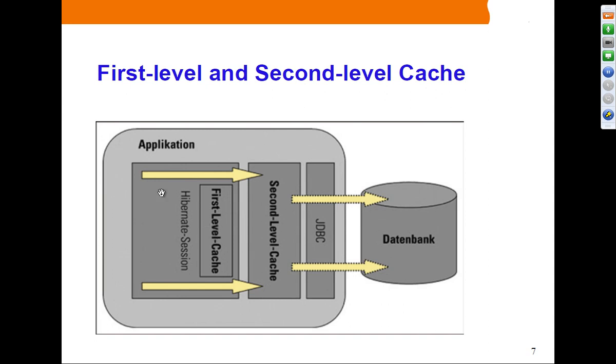For Hibernate session, that is the first level cache. So this is per session, and the second level cache is for session factory. So it's wider in scope, and the same data could be in the first level cache as well as in the second level cache.